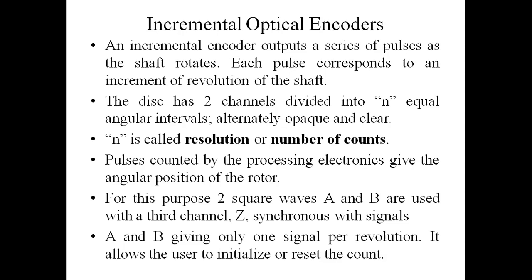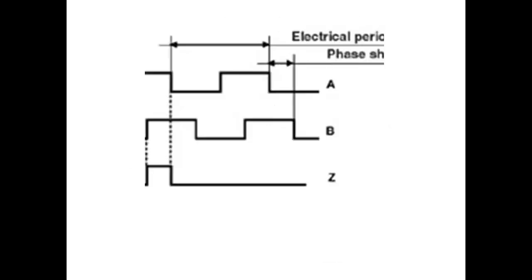The pulses are counted by the processing electronics, which give the angular position of the rotor. For this purpose, we often need two square waves A and B, used with a third channel Z, which gives only one signal per revolution and allows the user to initialize or reset the count.